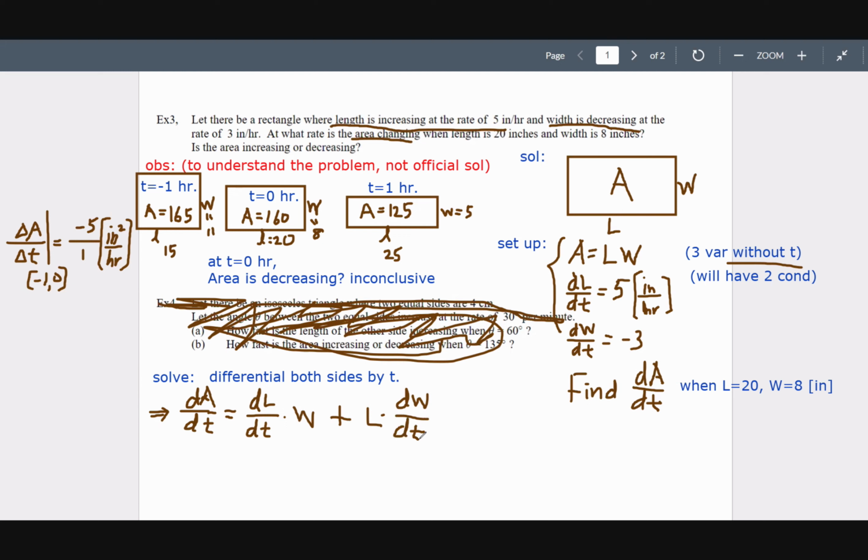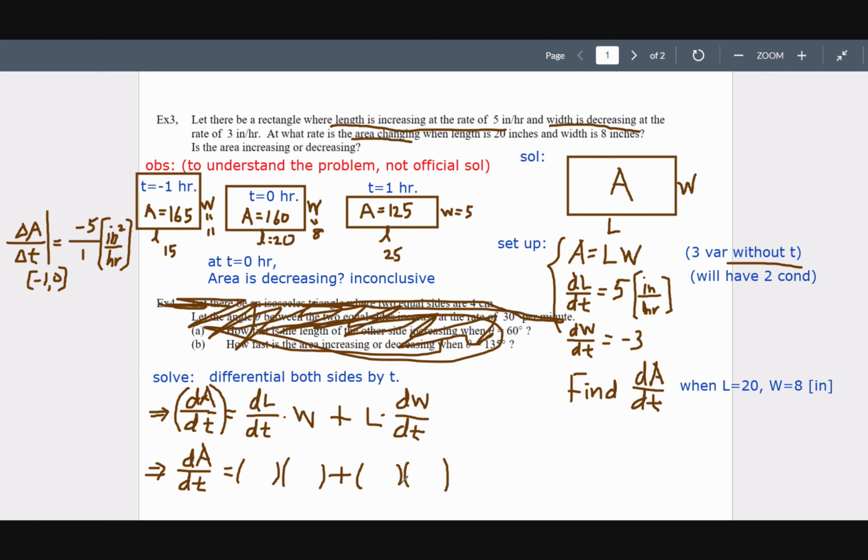Now from here, we're trying to evaluate dA/dt. So the dA/dt is not substituted, because that's what we are looking for. The question is dA/dt. So we copy the dA/dt, and all the other ones, all we have to do is basically plug them in. I like to put parentheses before I substitute.